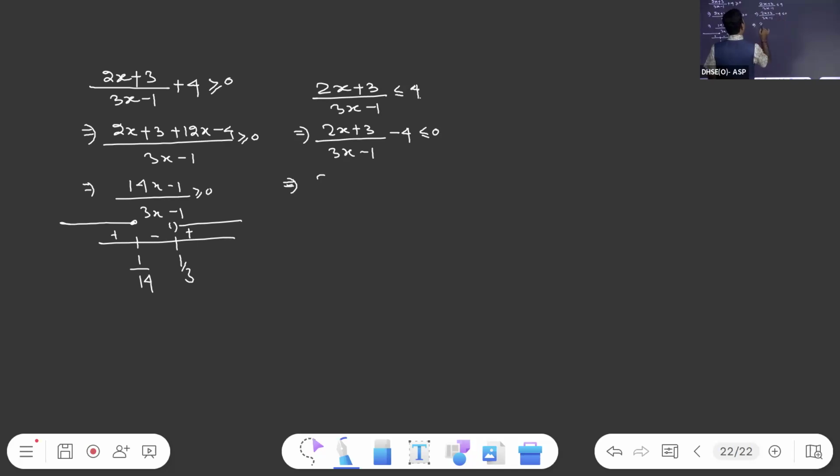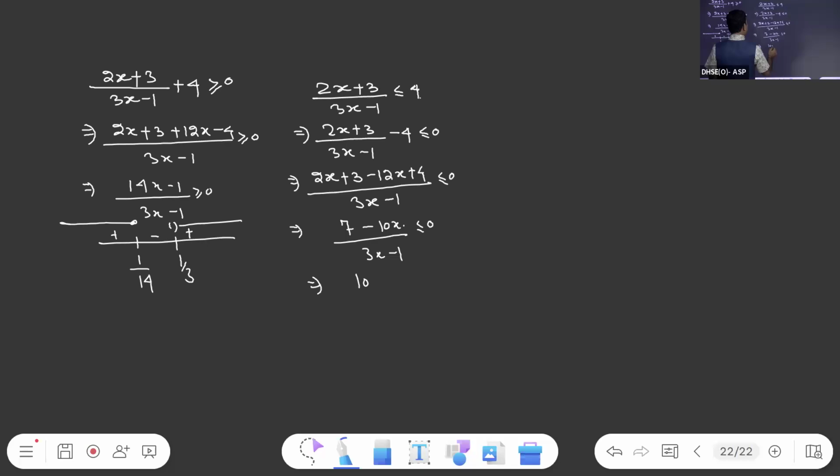This gives (7−10x)/(3x−1) ≤ 0, which implies (10x−7)/(3x−1) ≥ 0.